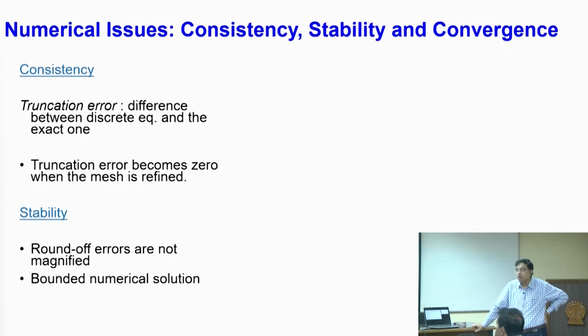Number 1, consistency. What it means is that your original equation is a differential equation, and when you put it in a discrete form it becomes a difference equation, that means some form of algebraic difference. Now, when you do that, how can you relate it with the original differential equation?